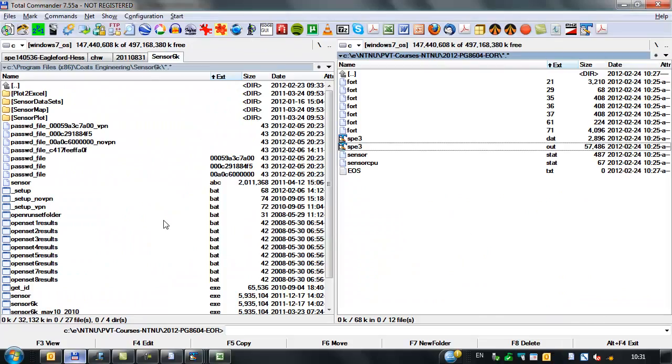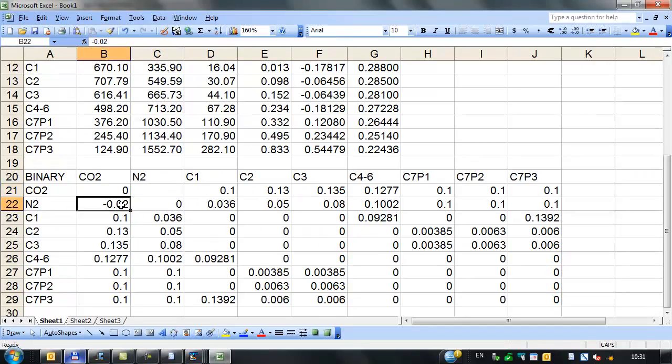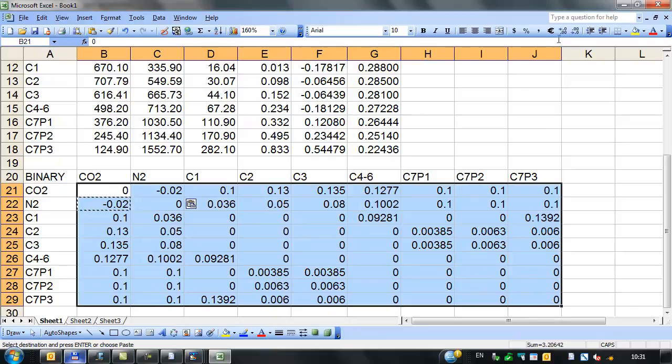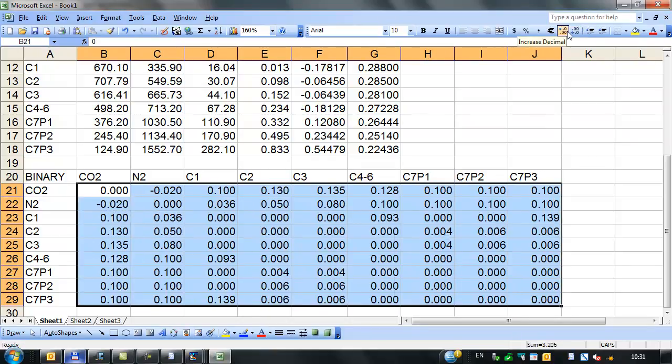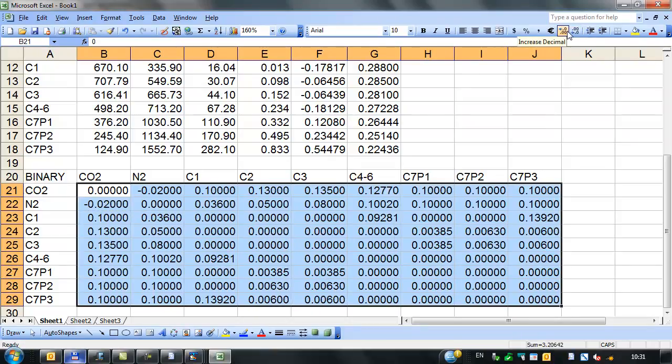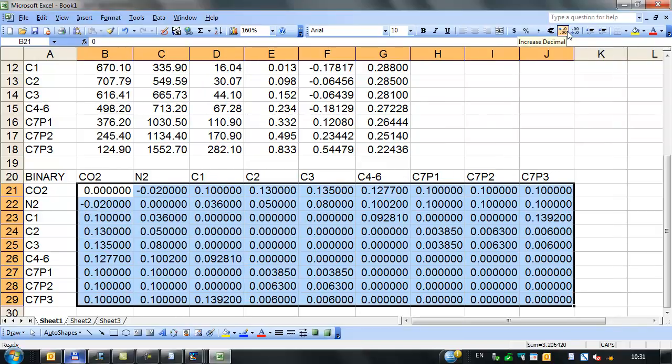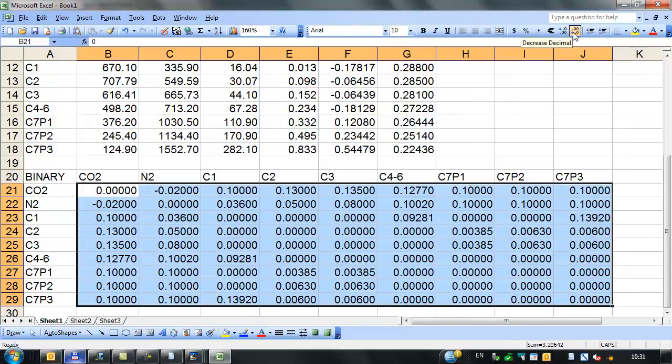Minus 0.02. It's actually the same one as here. That makes everything look a little bit cleaner. How far do we need to go? We still got some non-zeros there. Okay.